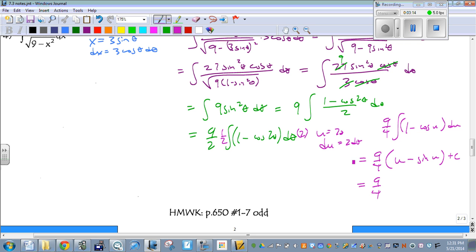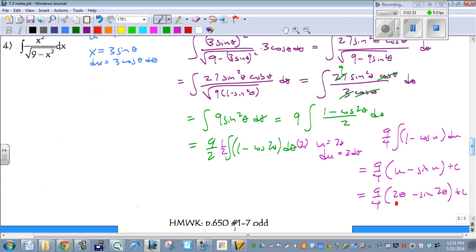So we can replace the u with 2 theta. And then we're going to have to write our final answer in terms of x. So we need to figure out 2 theta and sine of 2 theta from our drawing. So we have theta here.